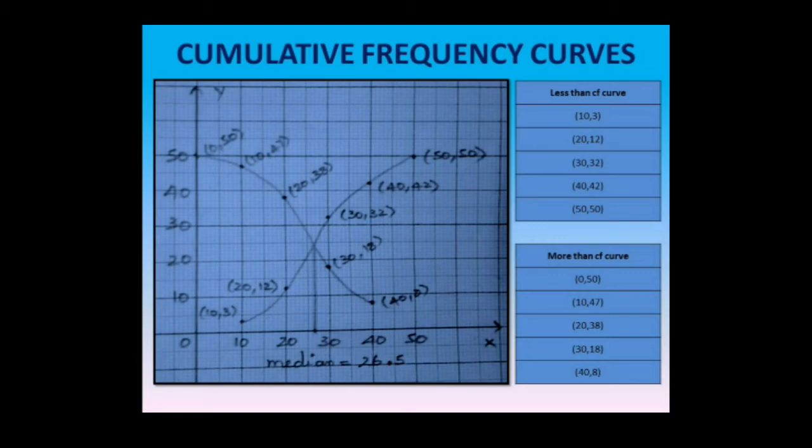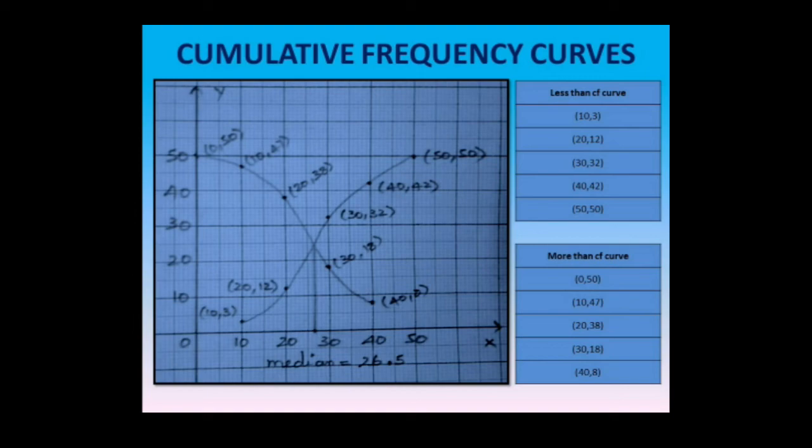You can see that both the curves intersect at a particular point. From the point of intersection, if you drop a perpendicular line, it is going to meet the x-axis at a particular point, and that is going to be the median mark. Now from the graph you can see that the median mark is 26.5.